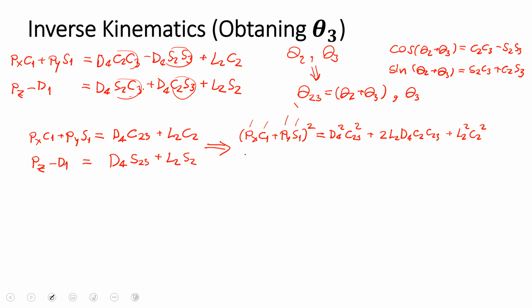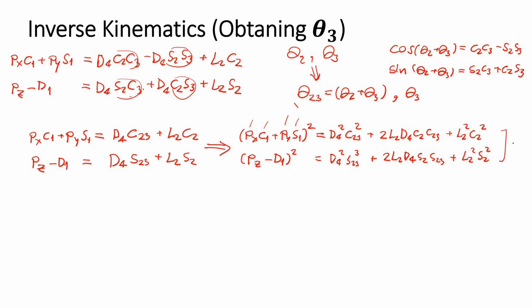The second equation, we have Pz, which is our input, D1, the constant from our robot parameters, equal to D4 squared S23 squared plus 2 L2 D4 S2 S23 plus L2 squared S2 squared.